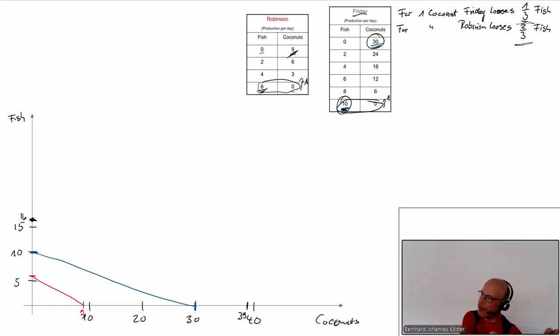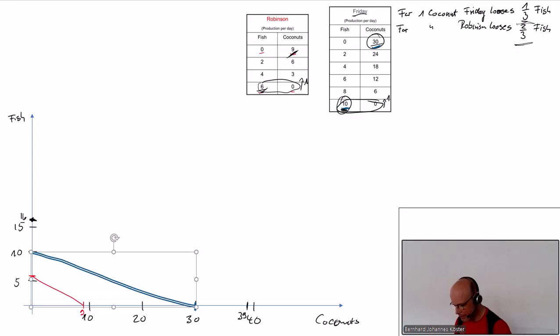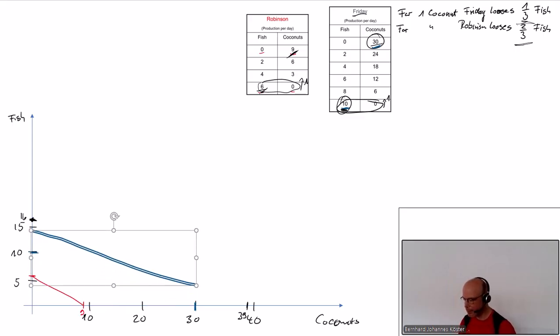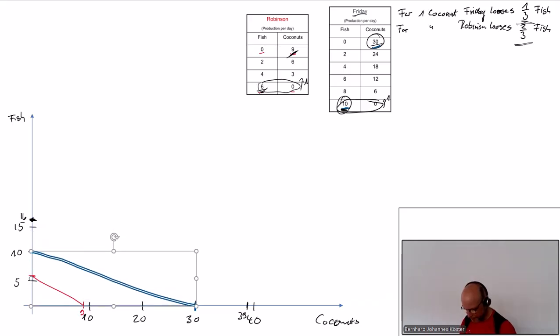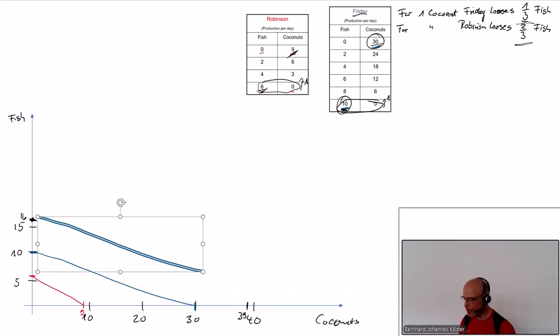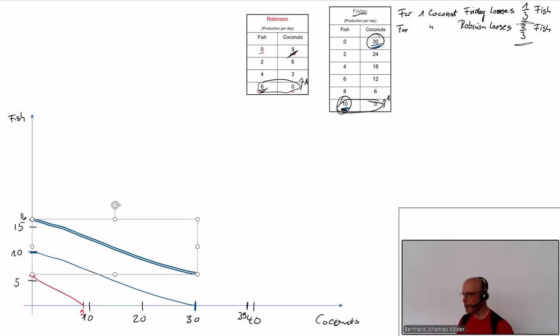Well, and now he can increase his production until his full capacity. Full capacity is 30, and this would then geometrically mean that we just move in parallel the production possibility of Friday upward.